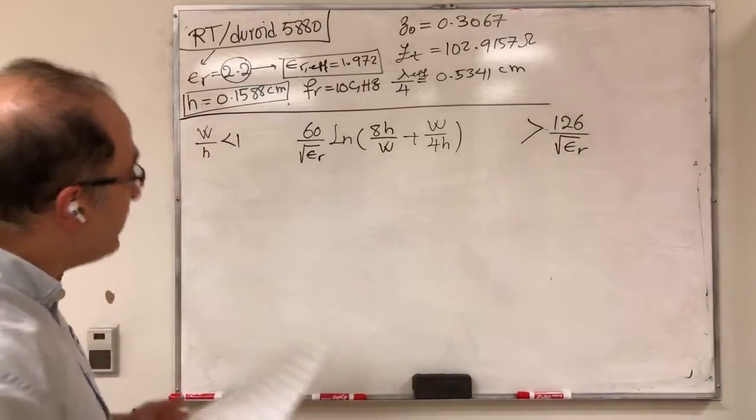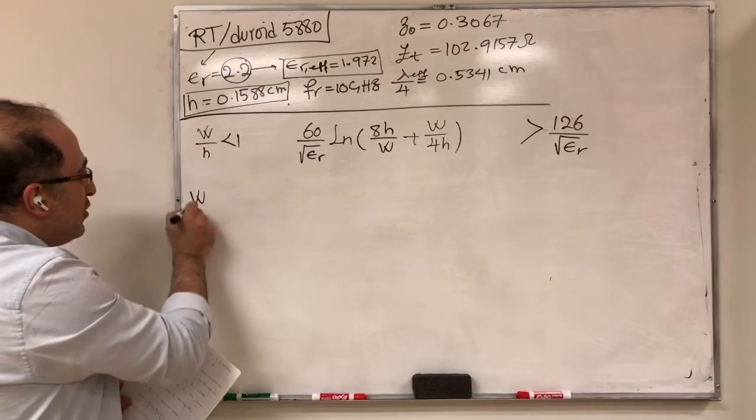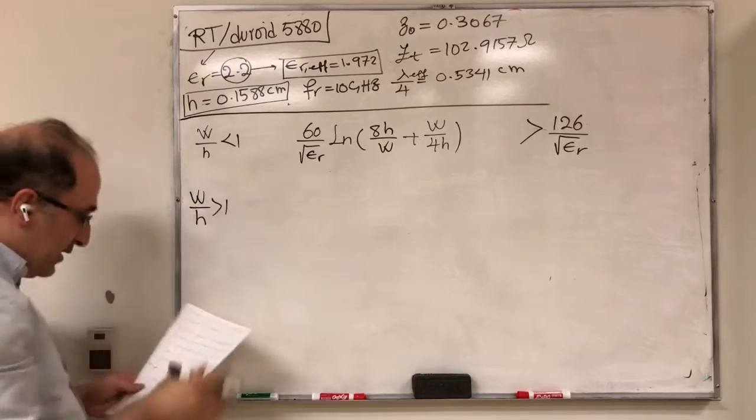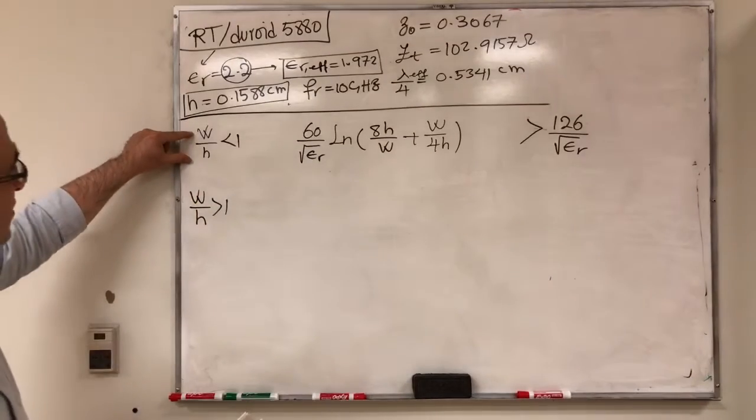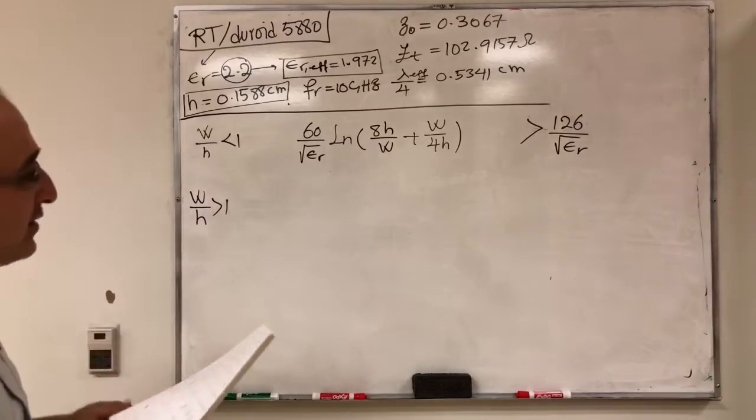Now, the other one is when W divided by H is greater than 1. The previous one was for smaller than 1, this is for greater than 1.